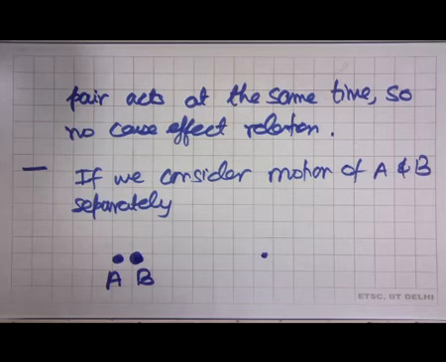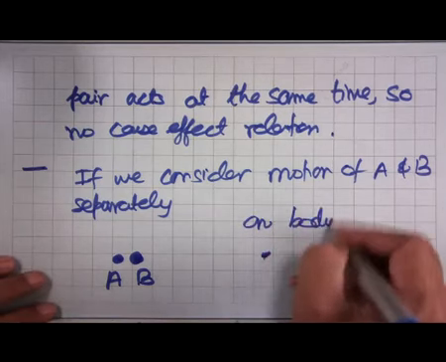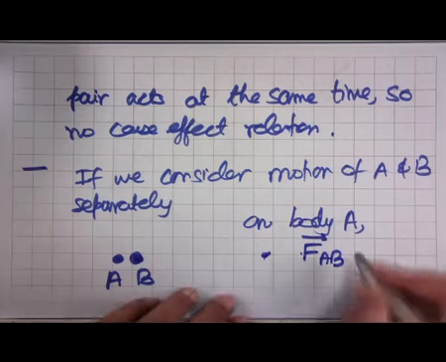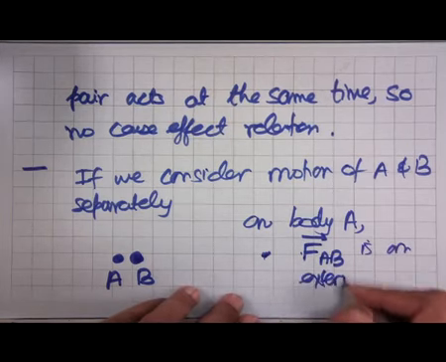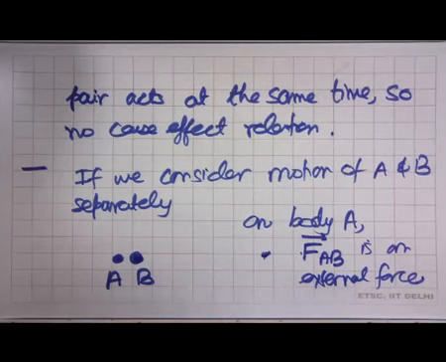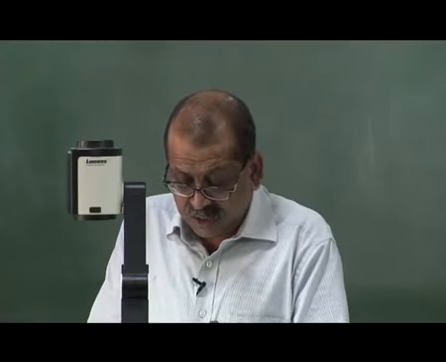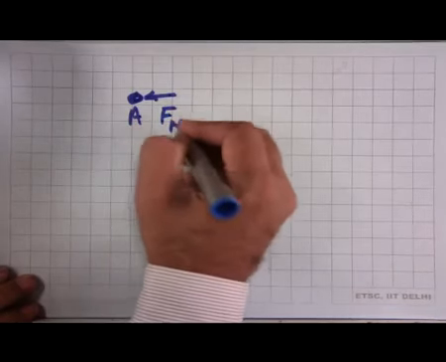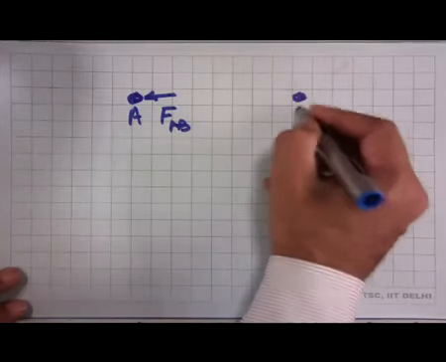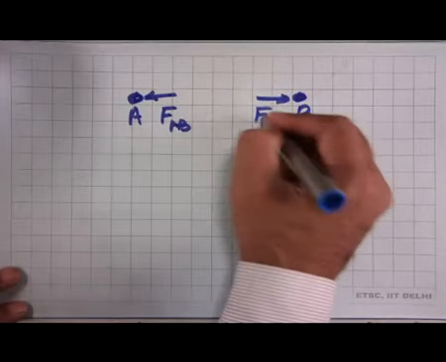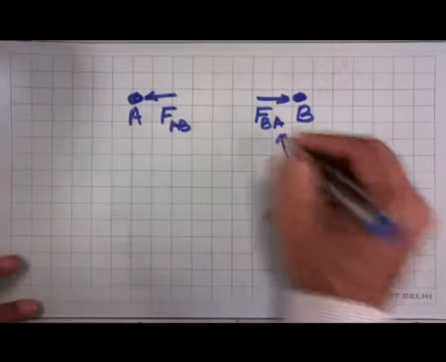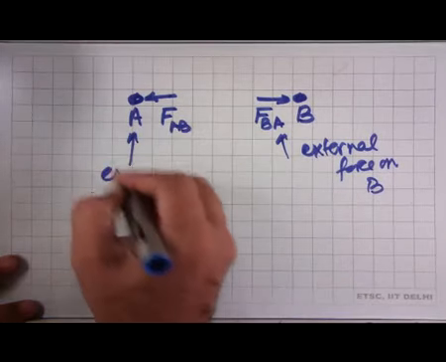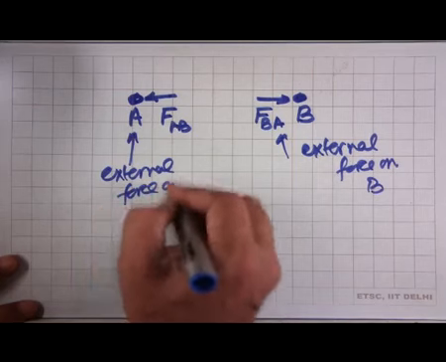When I look at this motion separately, then on body A, FAB, the force on body A due to B, is an external force, if we are looking at only body A. So, for example, let me draw, this is body A and I have FAB acting because B is coming and hitting the body. I look at body B, then I have FBA acting as an external force. This is external force on B. This is external force on A.